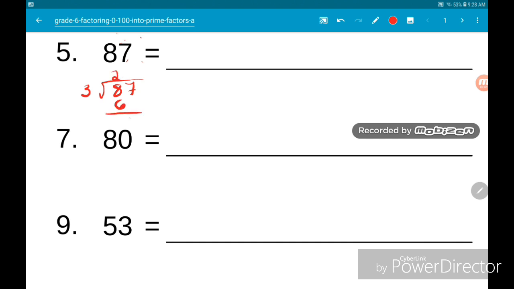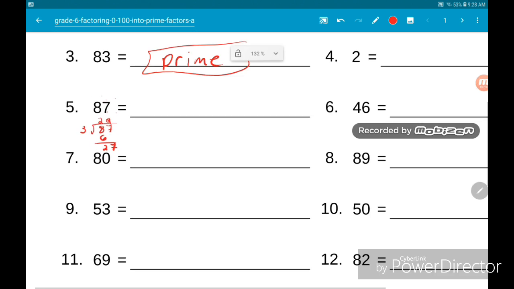This goes in twice here. Oh, 27. Yeah, 27. Does 3 go into 27? Yes, 9. 9 is a prime number. So the prime factorization for 87 is 3 times 29.